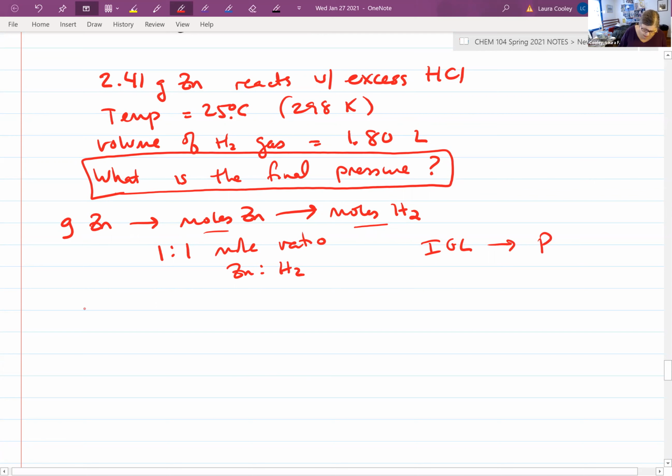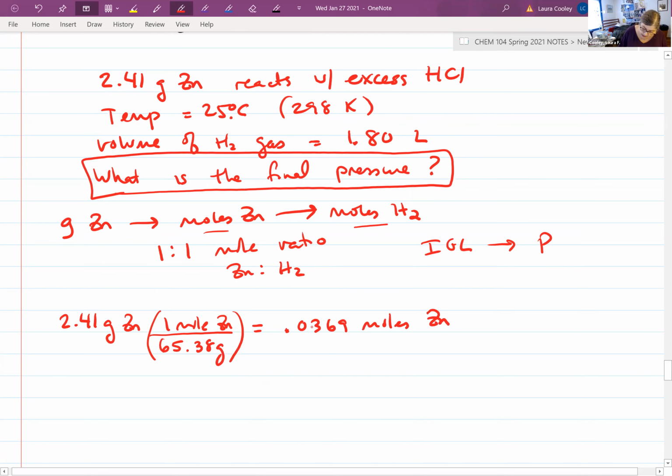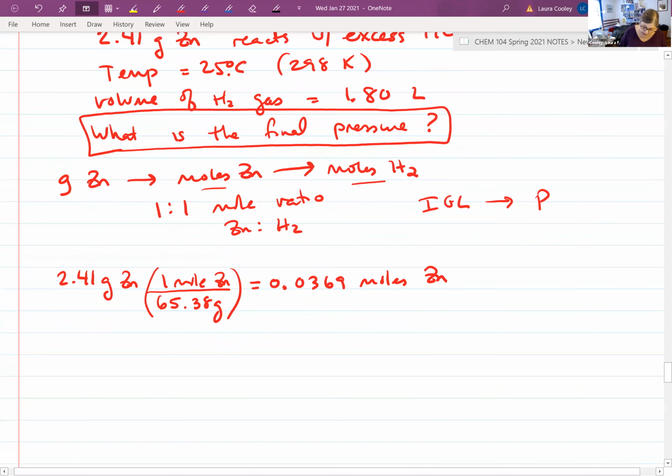So the grams of zinc is 2.41 grams. The molar mass is 65.38 grams per mole. And that gives us 0.0369 moles of zinc. Because we have a 1-to-1 ratio of zinc to H2, that means the same number of moles of hydrogen.